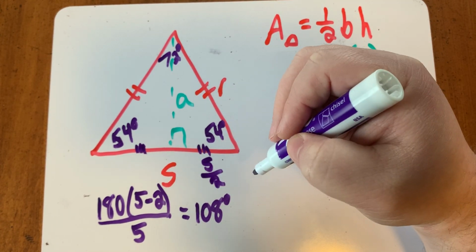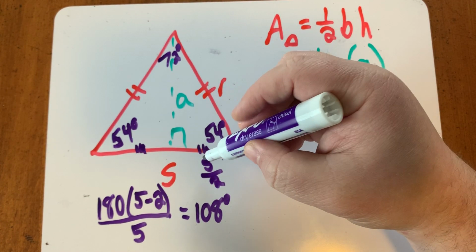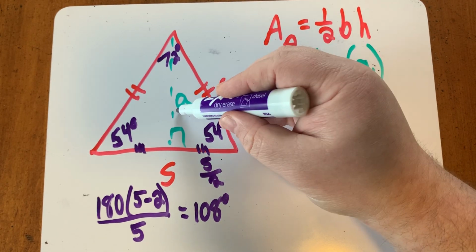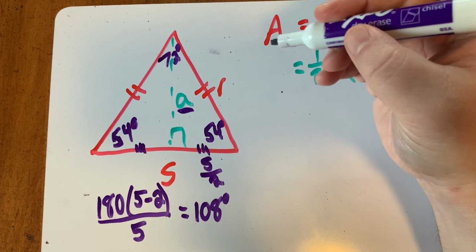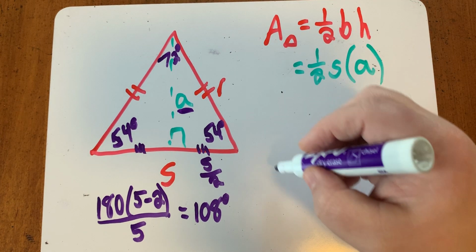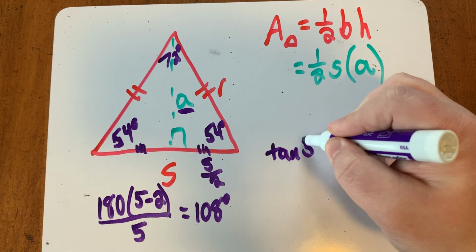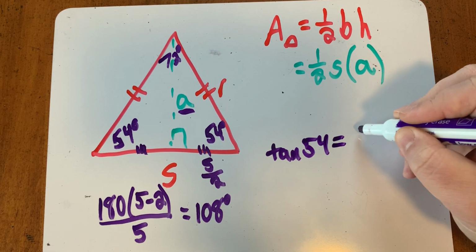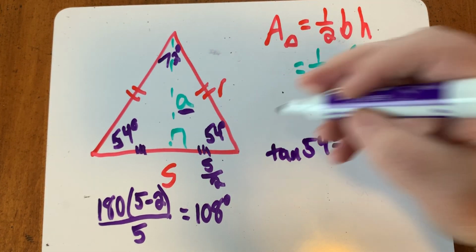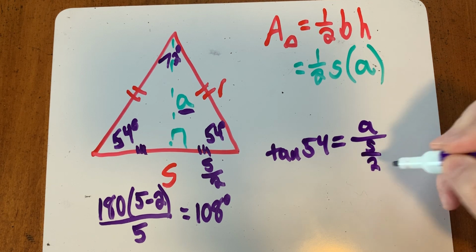So if you knew the side length of your pentagon, you'd be able to find out what this altitude is, what that height is, just using tangent. Tangent of 54 equals a, because a is opposite, over s over 2.